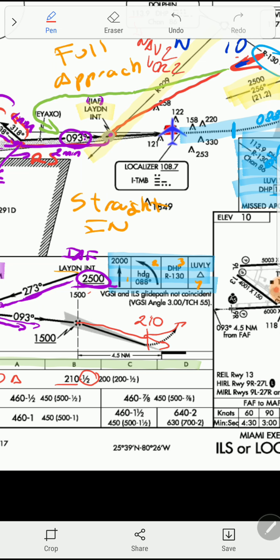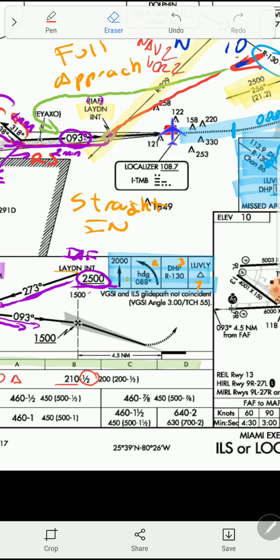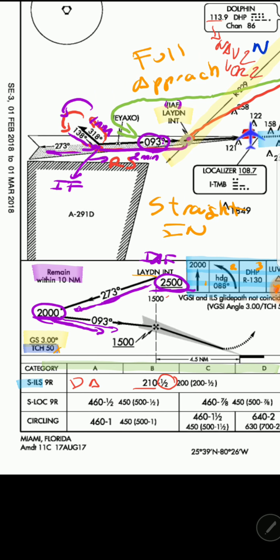If you can see the runway environment and you have the visibility, you continue. If you don't see the runway at that altitude, you go missed. Nothing more, you don't even have to think about it. Is that clear? Okay. That's why it's called a decision altitude. You reach 210 and you either go missed or you land. That's all. And this is a clear example of a straight-in landing minimums. Why?